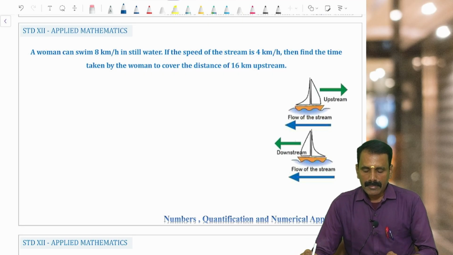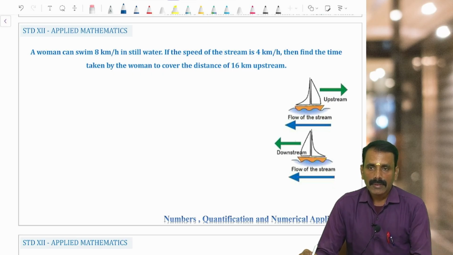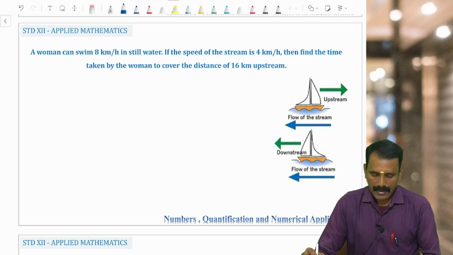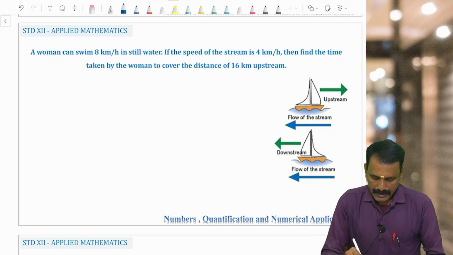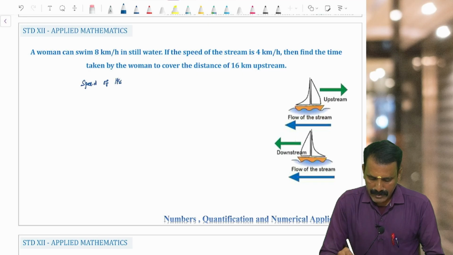So in this problem, the data given to us are: speed of the swimmer in still water.